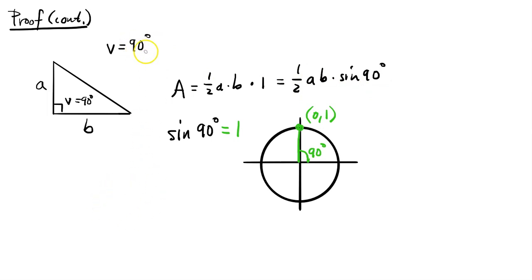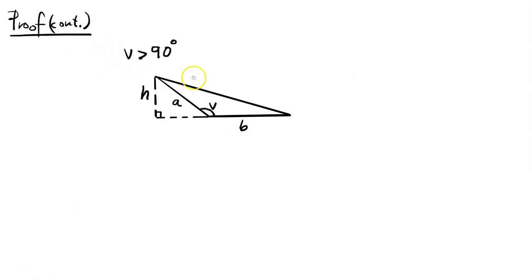So now it only remains to prove what happens when V is larger than 90 degrees. In this case, the triangle looks like this. So for V larger than 90 degrees. So we have A, B and the angle, and we have the height here. This angle here, let's call that W. And so W plus V is 180 degrees.